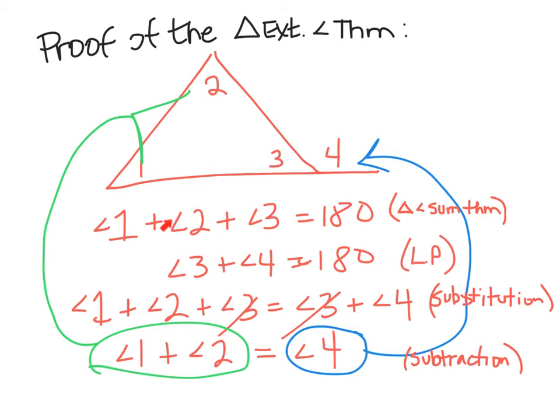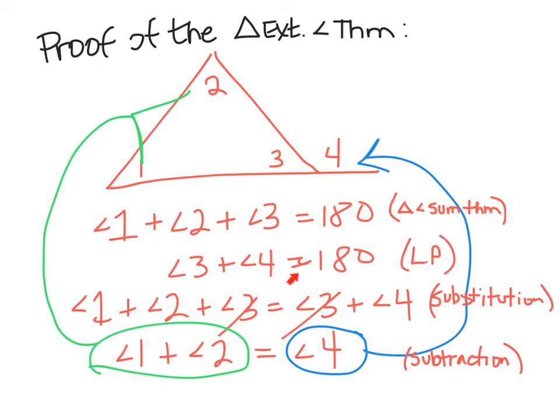Okay, so now I've got 2 equations, they both equal 180. So I can substitute one side for 180 on the other equation because they are equal. And so here I wrote angle 1 plus 2 plus 3 equals angles 3 plus 4. And I was allowed to do that because of the substitution property.